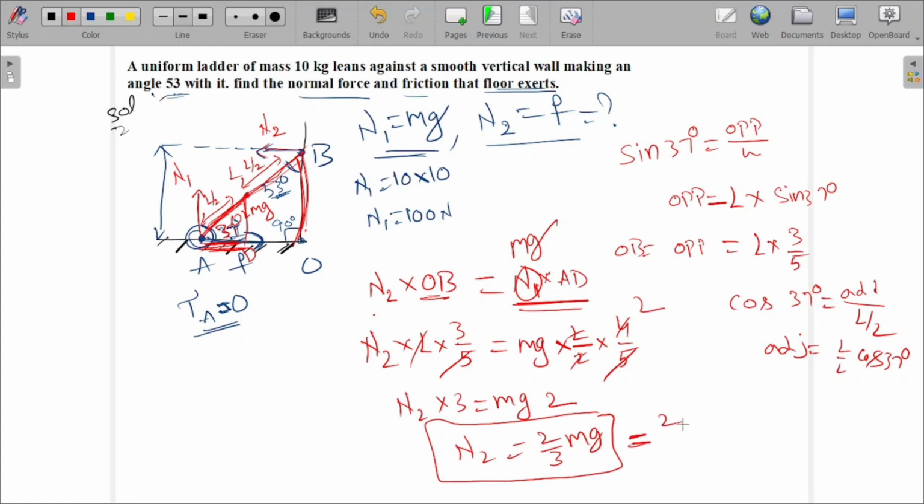What is the mass here? 2 by 3 into 10 kg, and the value of g is 10, so it is 200 by 3. Approximately it is 66, so you'll get 66 newtons approximately. Clear? So N2 equals 66 newtons.